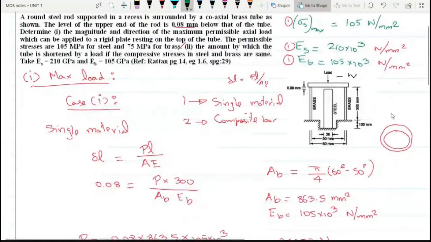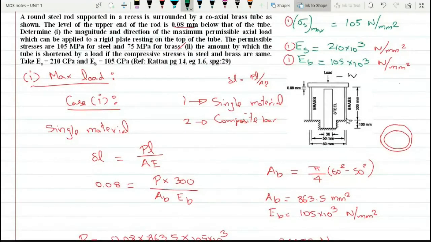Look here, LB is the length of my brass, the length of my brass in the composite material position. Which means I have completed up to this part, so now only it is having contact. So the length has to be this one. This is my length because this part is over.